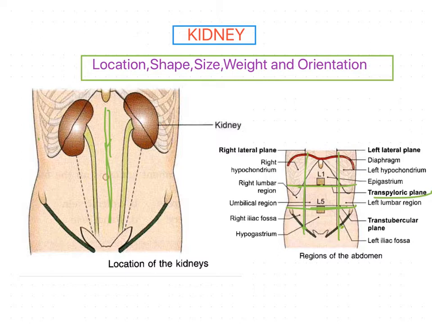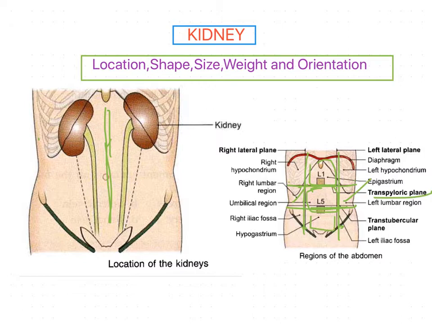With these, the areas are formed. In the upper three areas you have the epigastrium in the middle, and the left and right hypochondrium. Then the left and right lumbar regions, and in the middle the umbilical region, and below the umbilical region you have the hypogastrium.